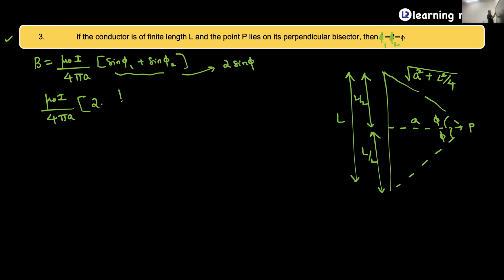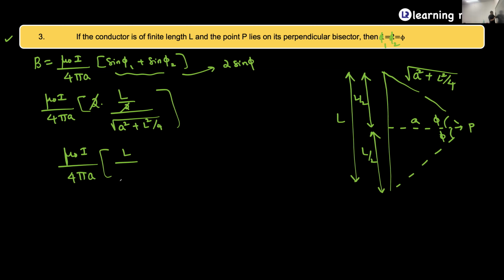Opposite by hypotenuse: L by 2 divided by root of A square plus L square by 4. So 2 and 2 will get cancelled, right? So you are left with mu naught I divided by 4 pi A into L divided by root of A square plus L square by 4.